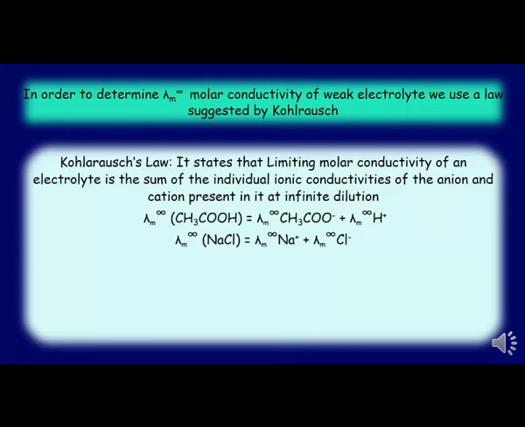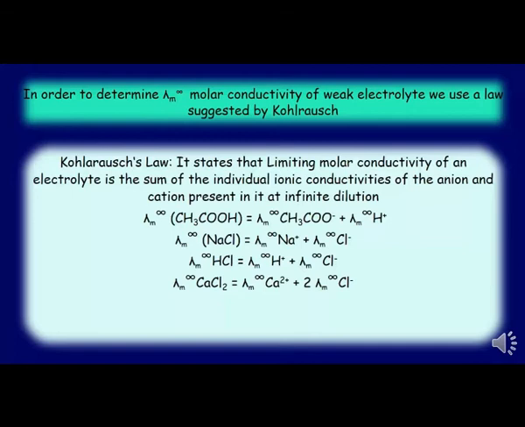Lambda infinity of HCl is equal to lambda infinity of H plus plus lambda infinity of Cl minus. Lambda infinity of CaCl2 is lambda infinity of Ca2 plus plus 2 into lambda infinity of Cl minus, because when CaCl2 dissociates, it will produce one cation, Ca2 plus, and two anions, 2Cl minus.